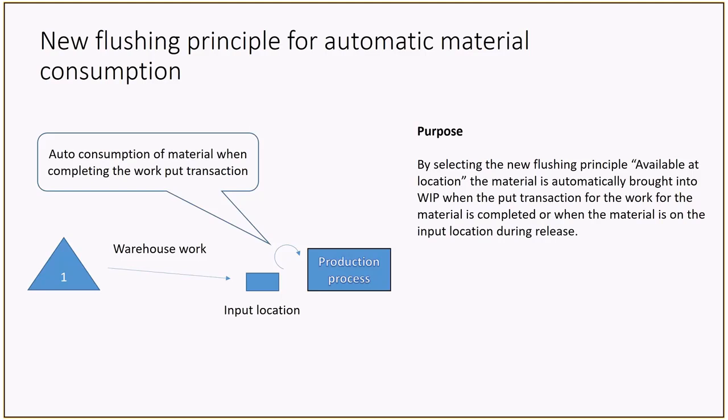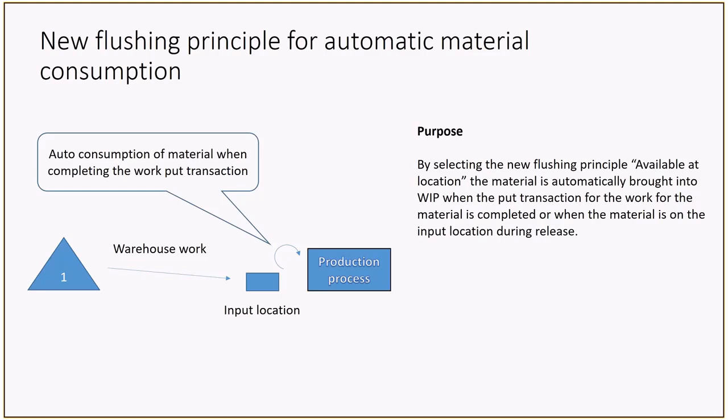So let's say you have 1,000 pieces on the license plate, and the production line wants 100 pieces. Then you stage the pallet, and once you complete the put, the system will automatically generate a picking list for 100 pieces and leave 900 remaining on the input location.